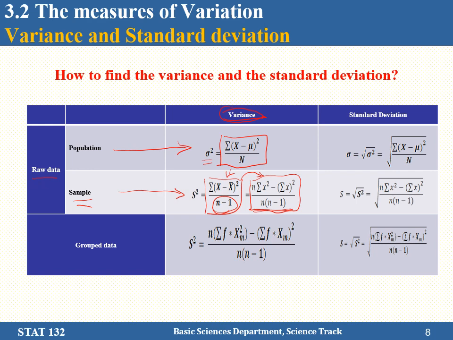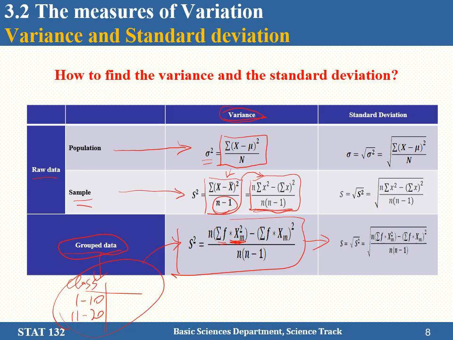n minus 1. And for grouped data, if we are given grouped data, it means you have classes here, like 1 to 10, 11 to 20. If you have this type of thing, then you calculate the variance by using the frequencies and the midpoints. And the formula for this one is that if this is the variance, the standard deviation is always the square root of the variance.